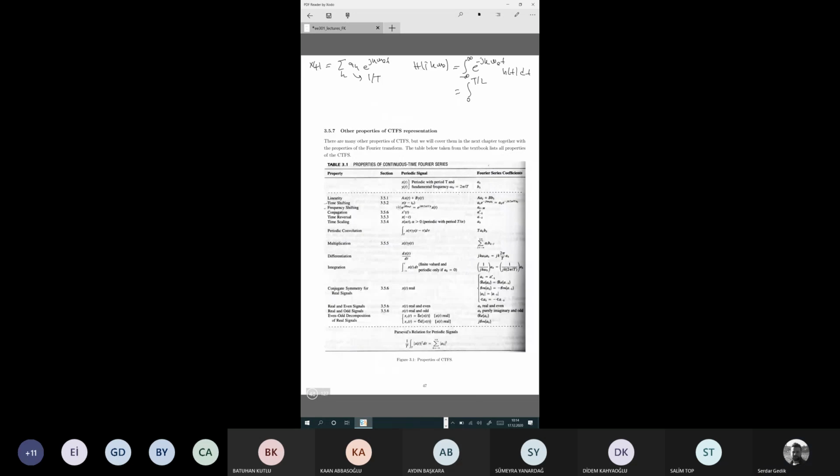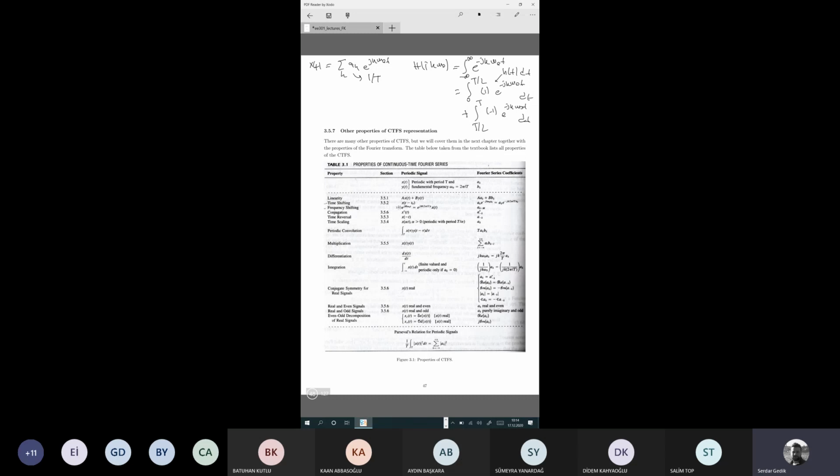So H(jk omega 0) is simply the integral from 0 to T over 2, let's say 1 here for h(t), e to the power minus jk omega 0 t dt, plus from T over 2 up to T, it is minus 1, e to the power minus jk omega 0 t dt.